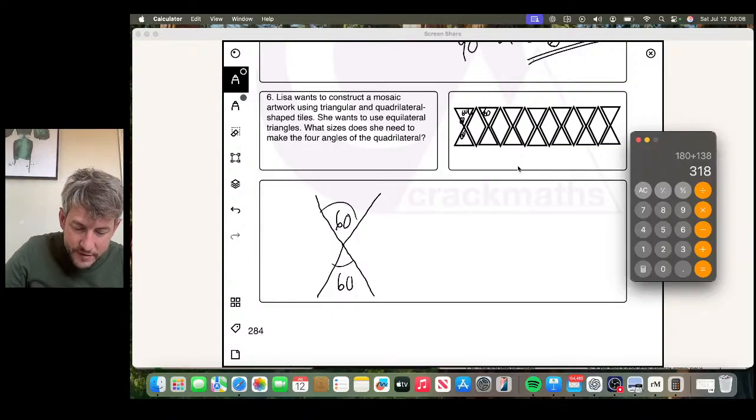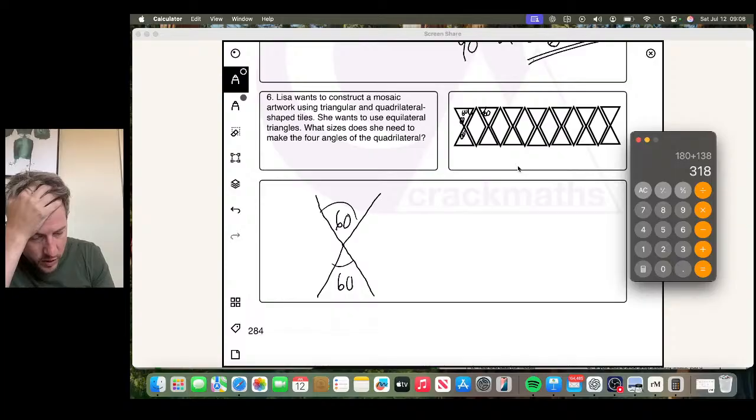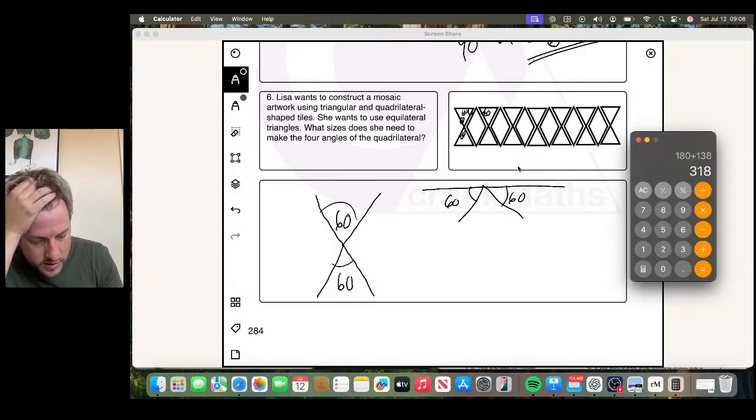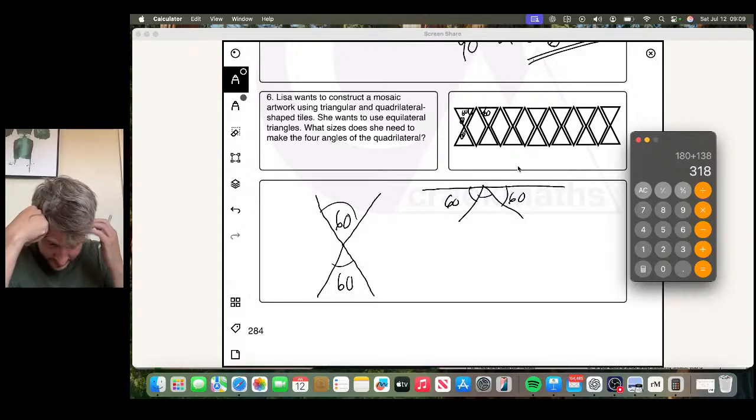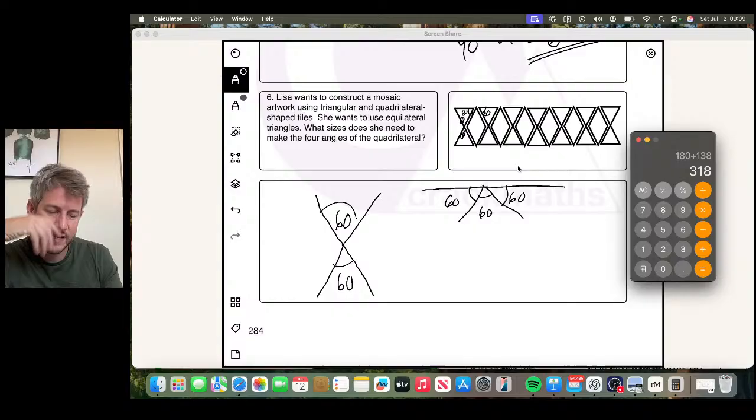So we've got different things going on here. At the top, we can see we've basically got a straight line situation where this is 60 and this is 60. So this missing angle here is going to also be 60 because 60 add 60 add 60 makes 180. So we're going to want the top ones to be 60.